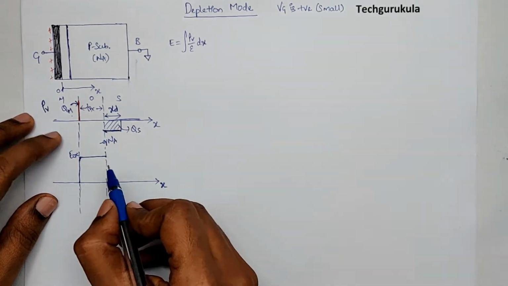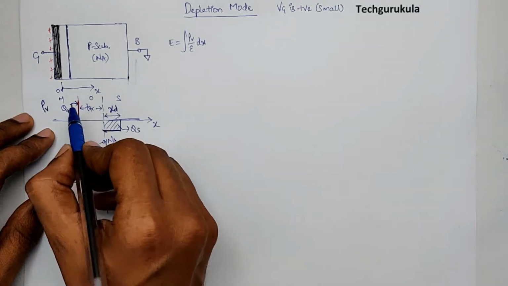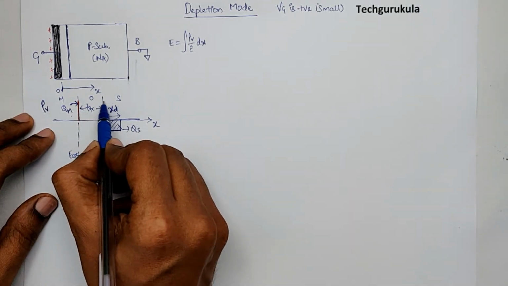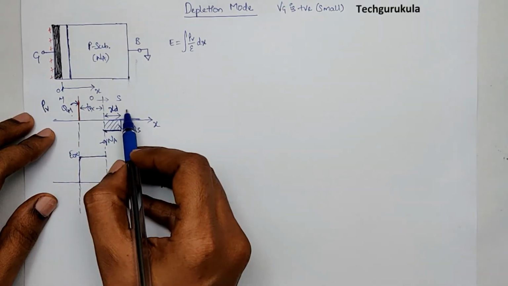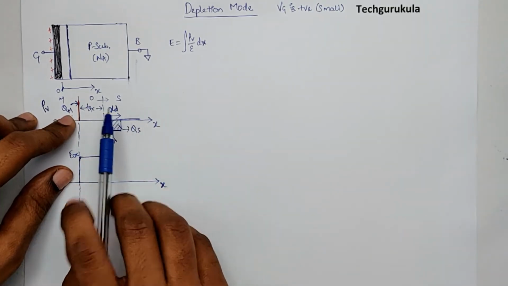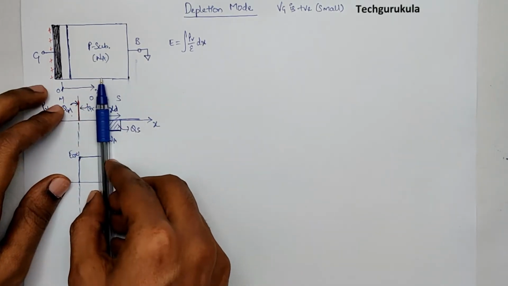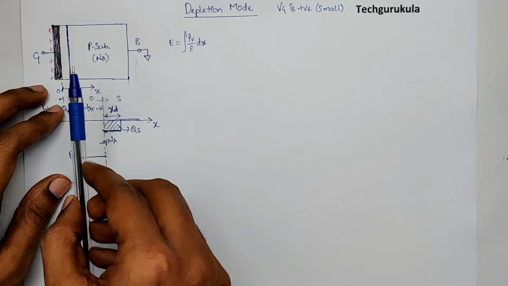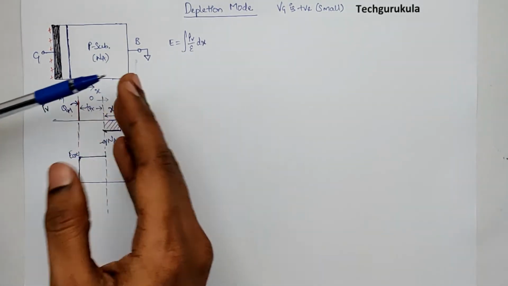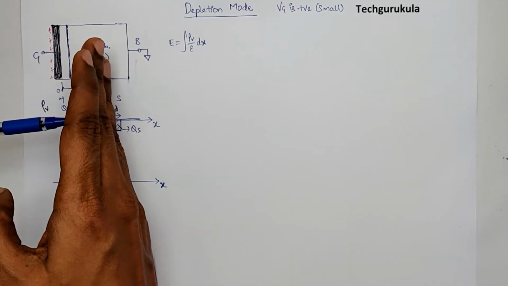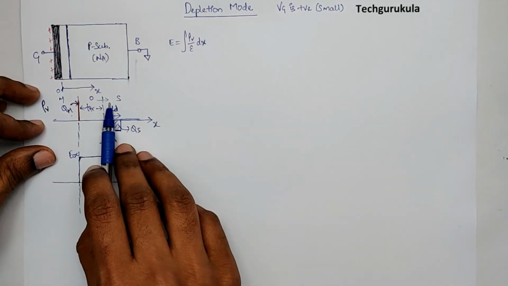But there is a condition that we need to apply here, because the electric field is directed from the oxide to the semiconductor interface in this direction. Now if you see in 3 dimensions, there is a plane separating the oxide and semiconductor, which will be pointing towards you through the video. It will be like this. Electric field is perpendicular to the surface separating oxide and semiconductor, which means the electric field is normal.